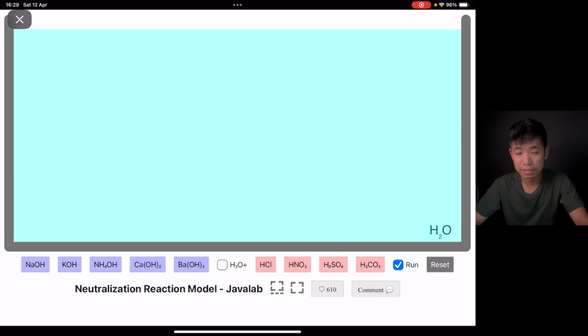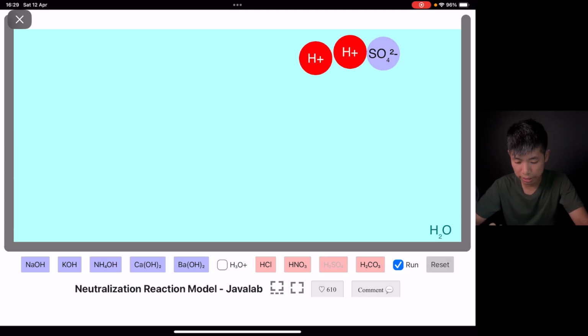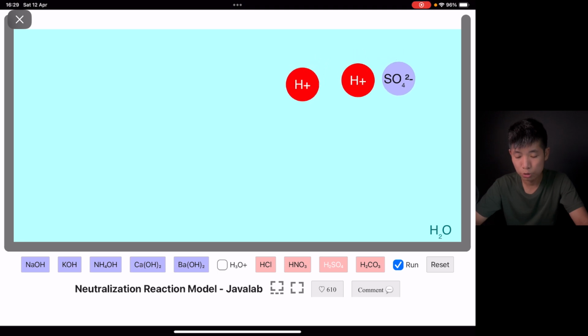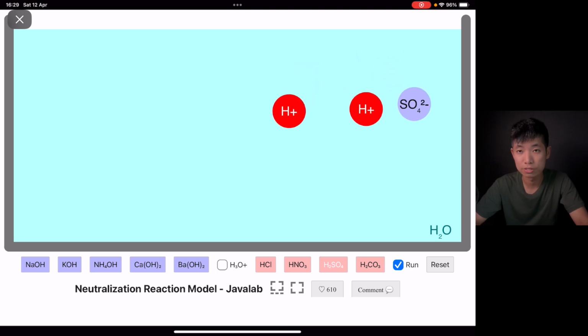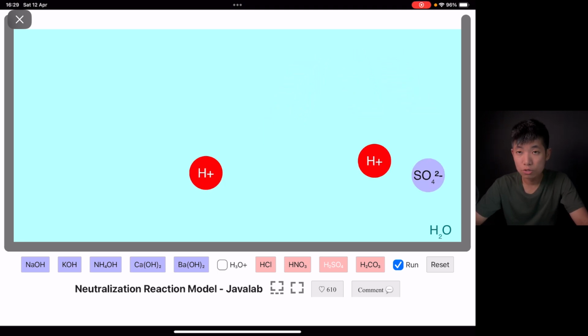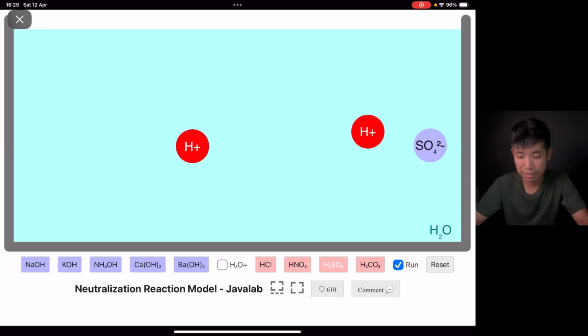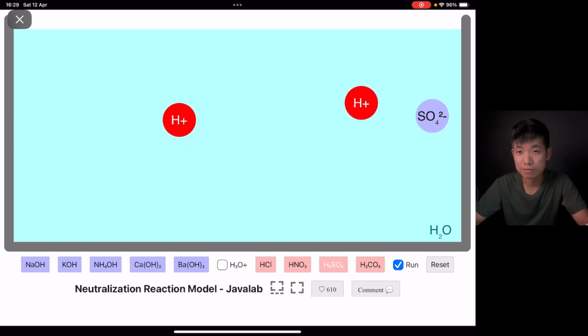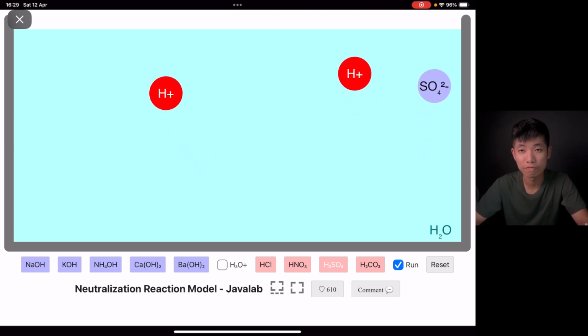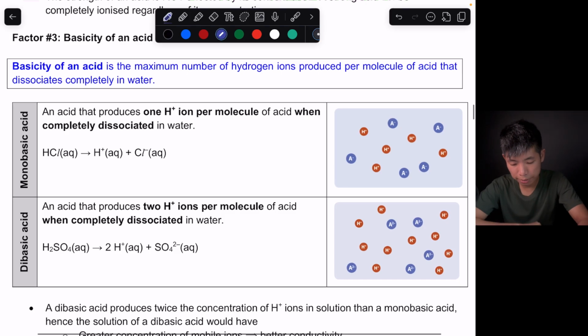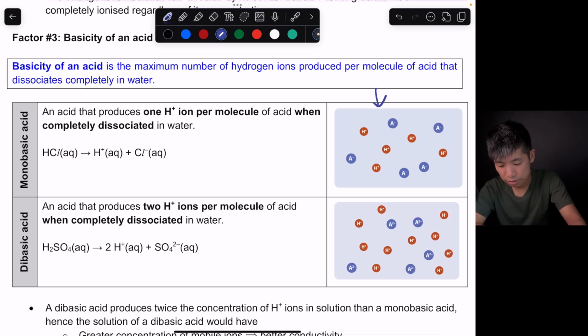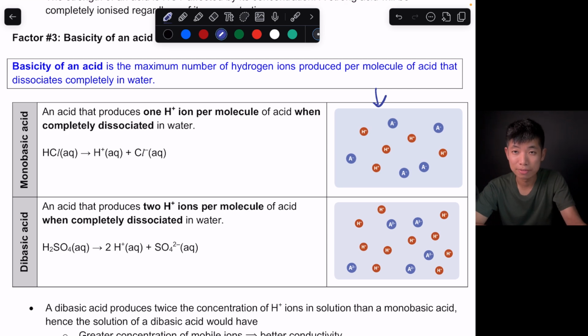In comparison, sulfuric acid is a dibasic acid because when it undergoes dissociation, you get two H+ ions per molecule of acid. So for the same concentration of acid, sulfuric acid gives you twice the concentration of H+. Just by looking at the diagrams, which acid will make a light bulb glow brighter? Which acid will have a better electrical conductivity?